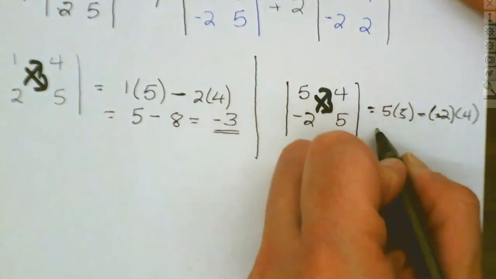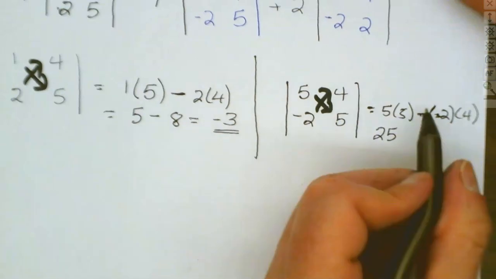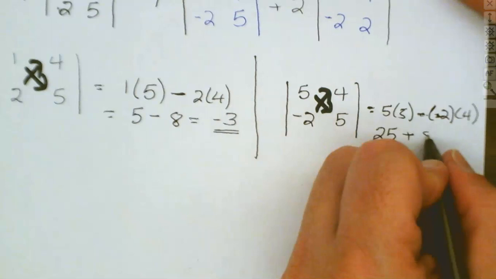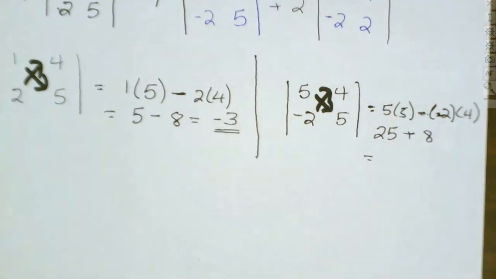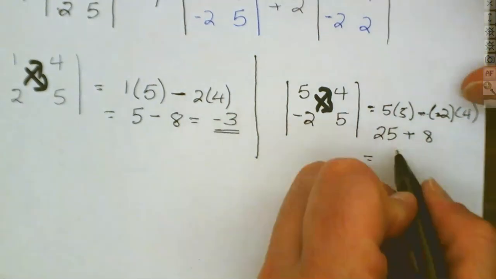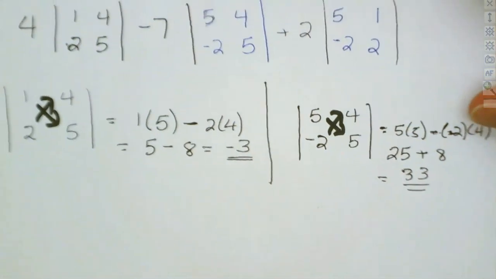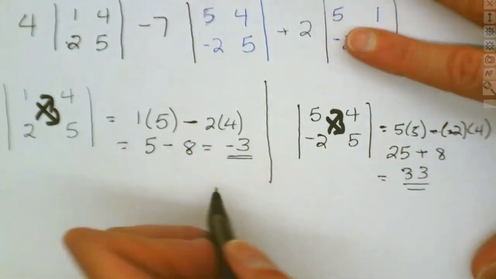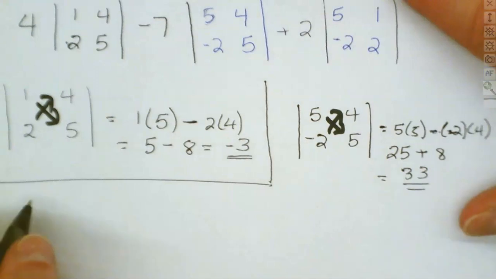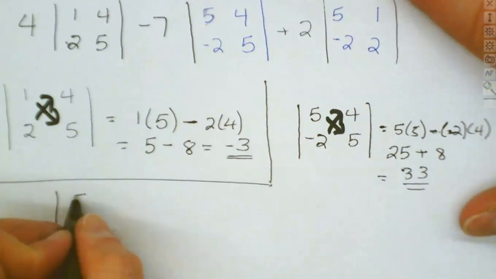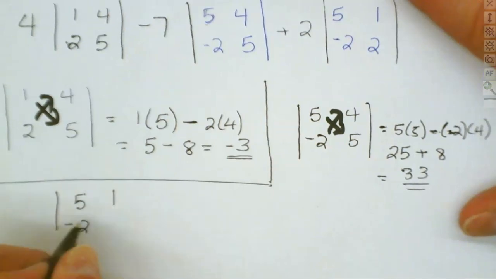So 5 times 5, well, that's 25. Double negative makes it positive. 2 times 4 is an 8. And you'll add those together. 25 plus 8, well, that is a 33. So we'll come back to that in a moment. We've got one more determinant to work through. And we'll put it all back together and finish it. So what's my next determinant? 5, 1, minus 2, and 2.